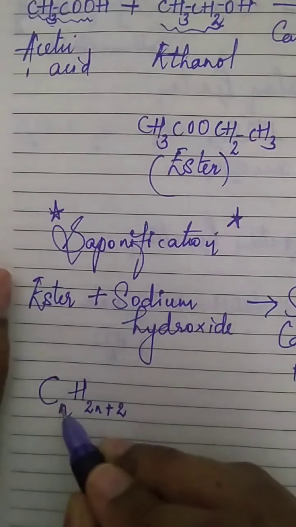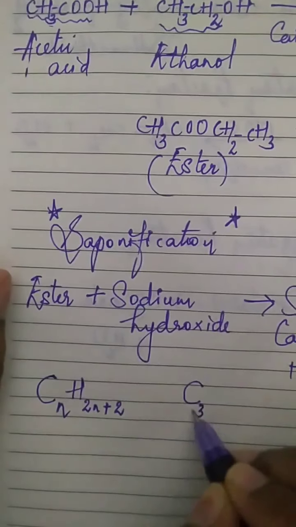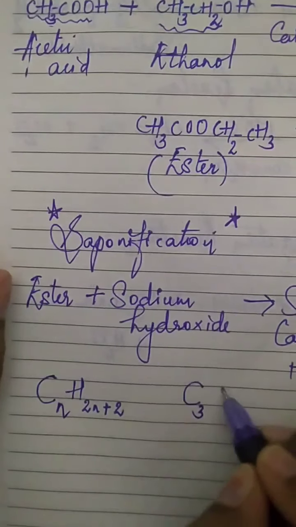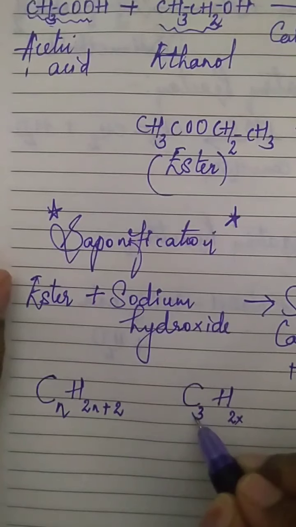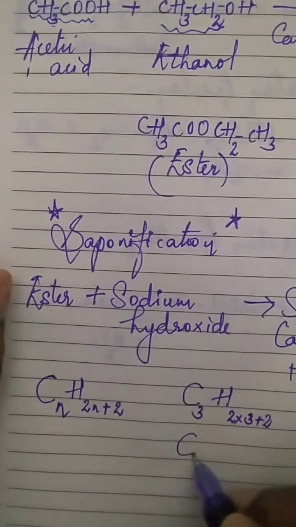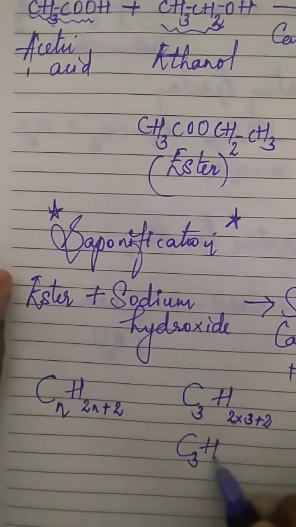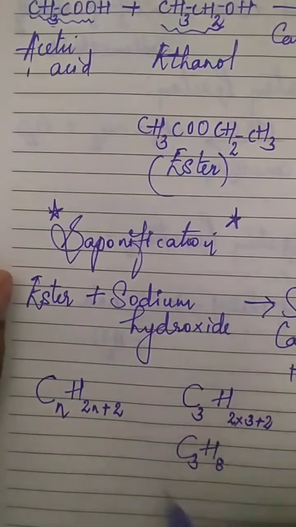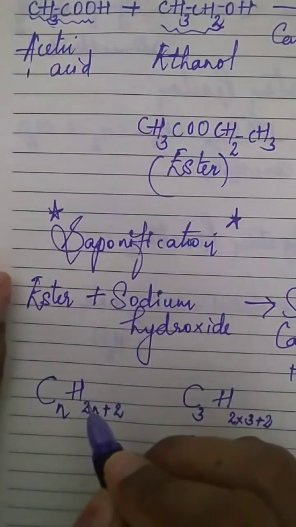So if you have 3 carbon, in place of n, you will write 3. So how many hydrogen? You can find out. 2 into how many carbon? 3, no? So 2 into 3 plus 2. So the formula will be C3, 3 2s are 6, 6 plus 2, 8. C3H8, and that is propane. So for alkane, you have this formula.